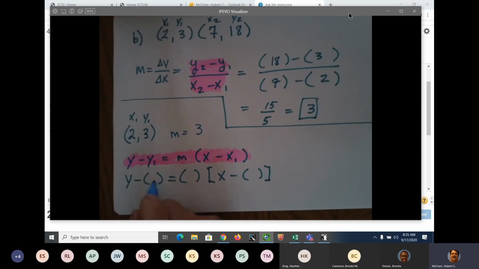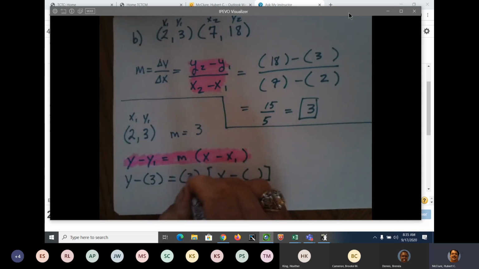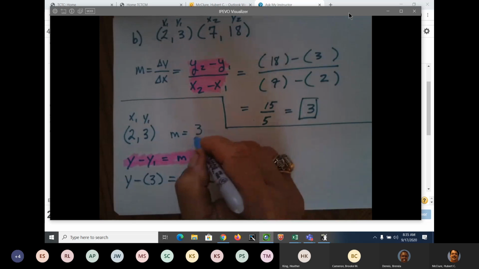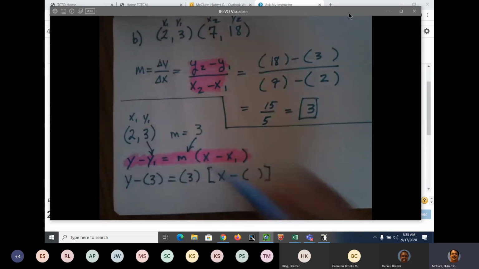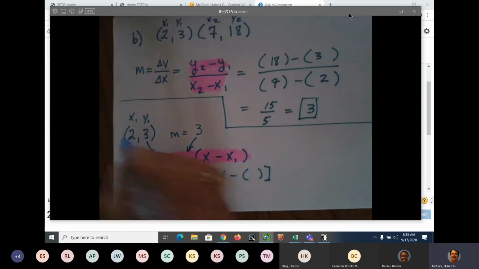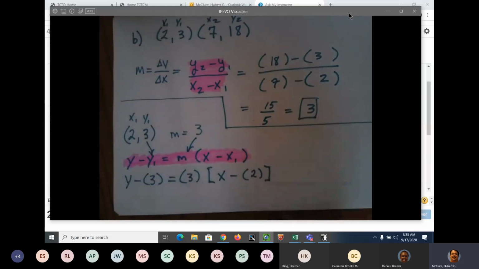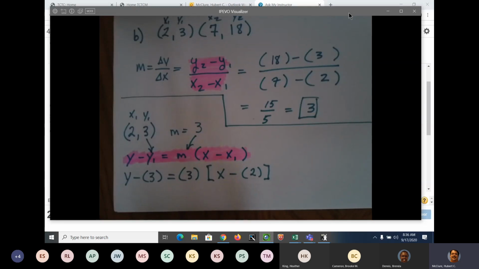Y sub 1 is 3. My slope is equal to 3. And then my x sub 1 is 2. I'm not going to draw a line over here because that'll crisscross, and I don't like to do that. I'm showing you all my OCDs.